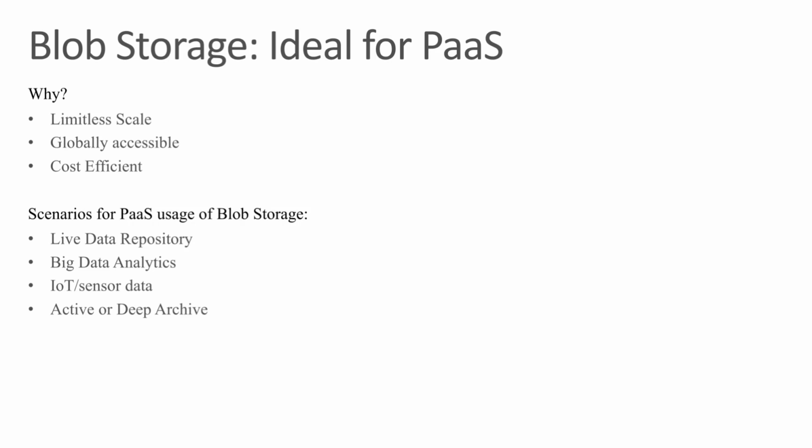On the notion of archives, within blob storage there is the notion of tiers: hot tier, cold tier, and an archive tier now being introduced. The tier you choose determines the performance you have, so how quickly you can get access to the data, but it also determines the cost. The archive tier, which is the slowest, is the cheapest. The hot tier, which is the fastest, is the most expensive.